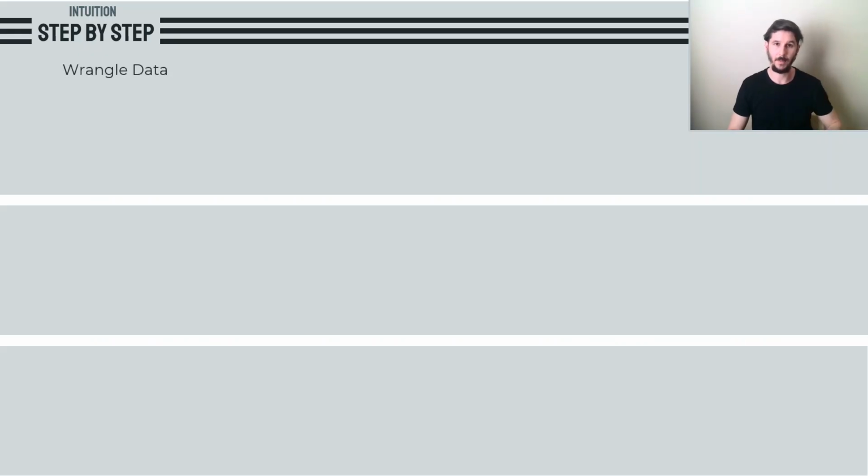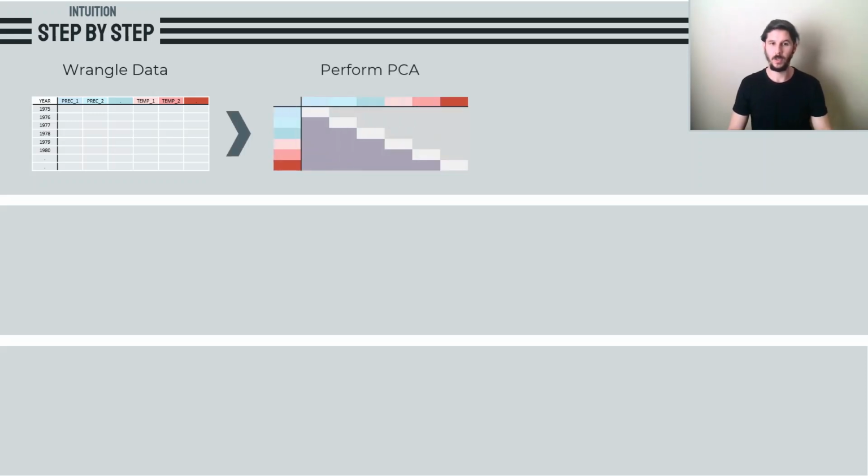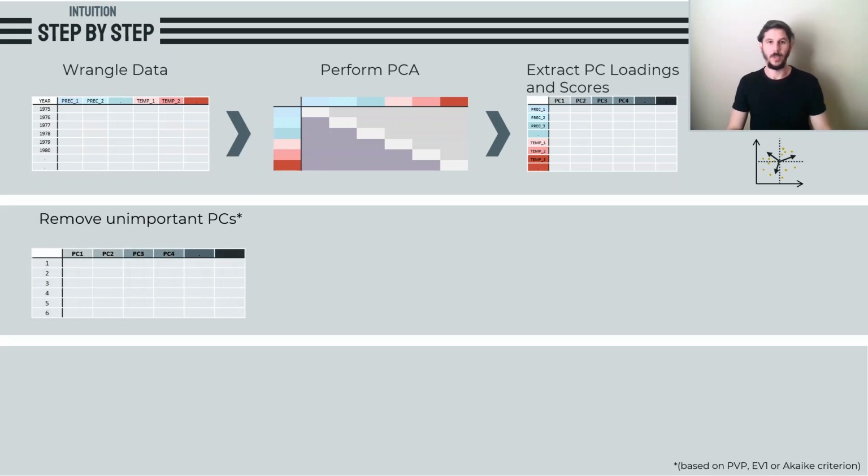So the step-by-step on how this is calculated is basically you wrangle your data, you put your variables as columns, right? So the individual months. And then you perform your principal component analysis. You can extract the loadings, which are your vectors, right? So the weights that form the principal components, and the scores. And you're going to do a selection of the principal components, right?